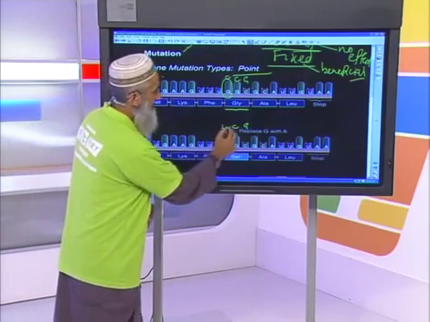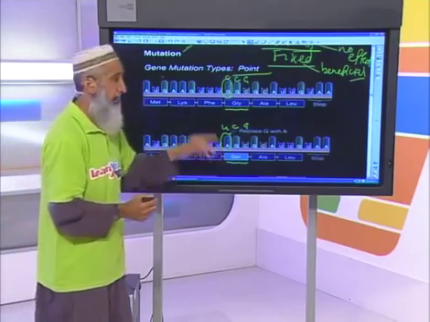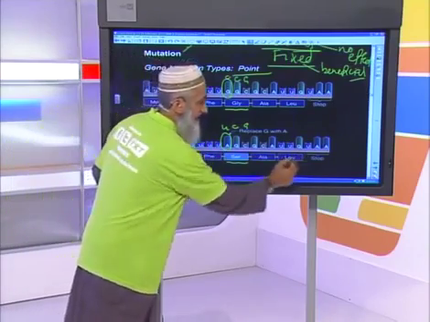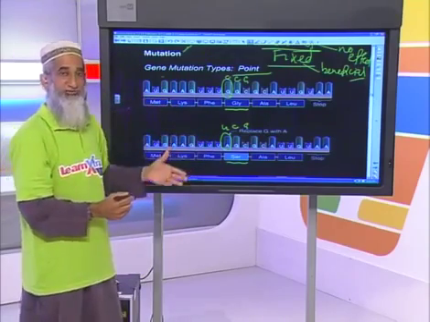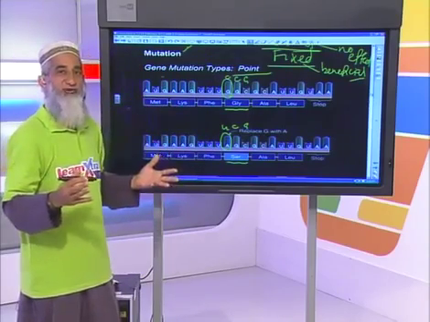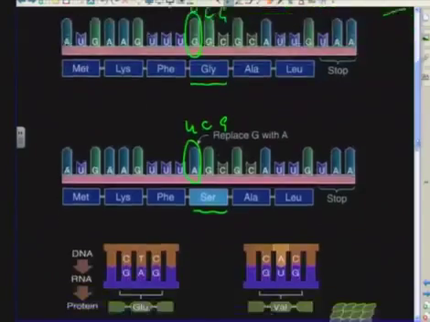And this one now, UCG, codes for serine. So the type of amino acid on this chain changes, but only one amino acid changes in this chain. However, it will still be a different protein from the one above. And because of this, the protein will have different functions and structure, etc. But it's only on one point, remember that.